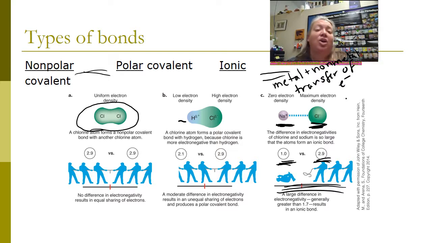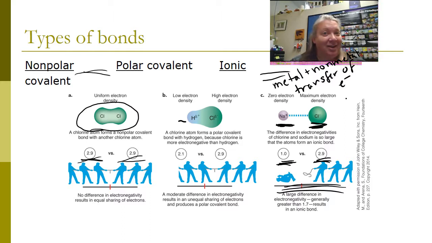So this is going to be non-polar covalent. If we look at our electronegativity numbers, they're the same. They're identical to one another. So if they're really close to one another, it's probably going to be non-polar. For us, again, if it's 2 atoms of the same element, it's going to be nonpolar. And if we look at our tug of war, they're equally matched. They're both attracted to the electron, but they both pull with the same amount of intensity. So nonpolar covalent share the electrons equally.